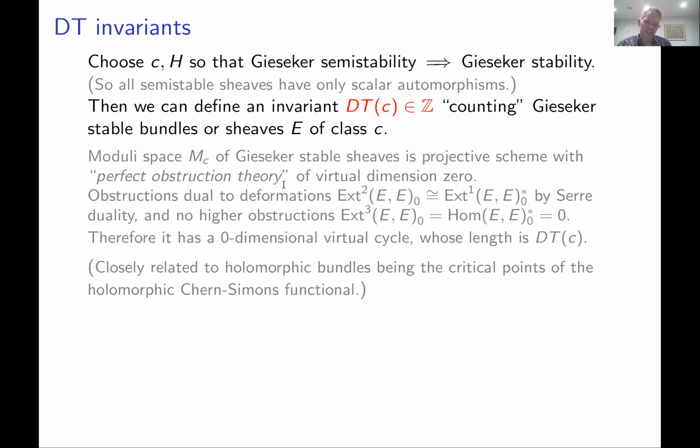Okay, but in physicsy terms, this is essentially saying that holomorphic bundles are critical points of a holomorphic Chern-Simons functional, and you expect critical points to appear in dimension 0. All right, so being a critical point means the critical locus is the vanishing of d of the Chern-Simons functional. So that's a one form, closed one form.